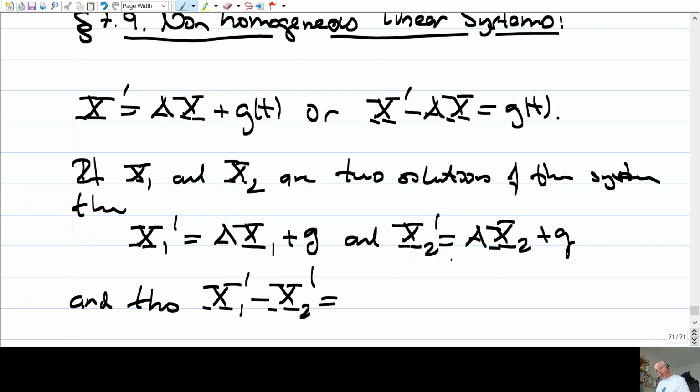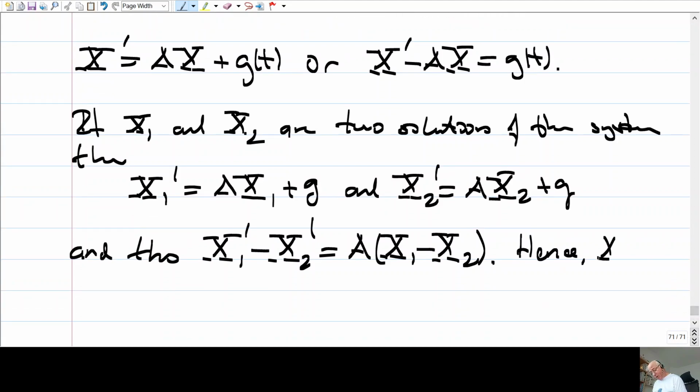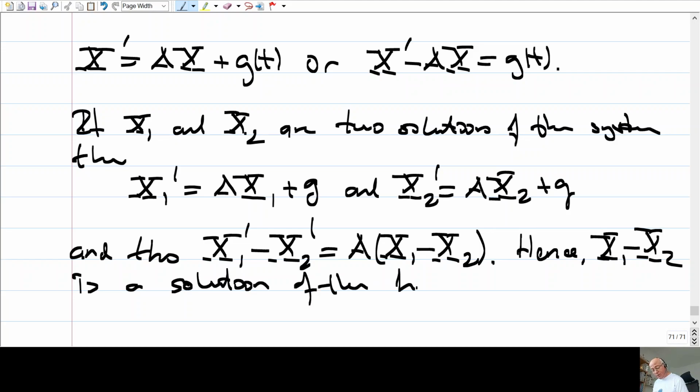If you subtract these two, the G's will cancel, and in the parentheses I have x1 minus x2. Hence x1 minus x2 is a solution of the homogeneous equation.